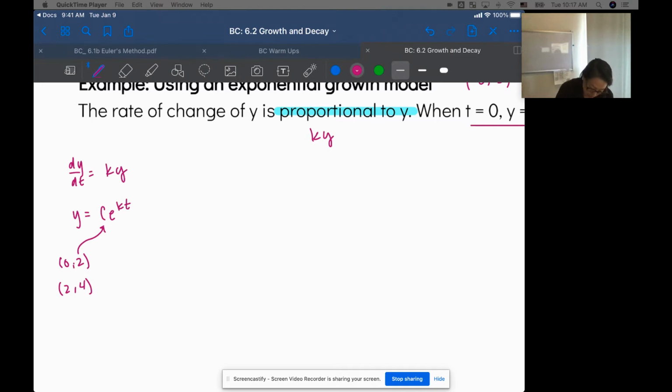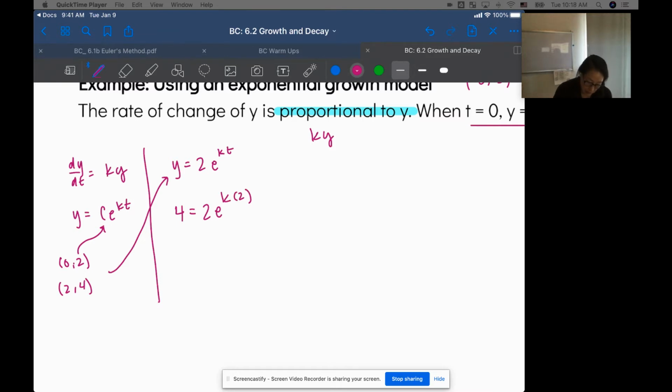So I can now write y equal to 2 times e to the kt. Now I'm going to substitute in (2, 4) to find my constant of proportionality. So we have 4 equal to 2 times e to the k times 2.